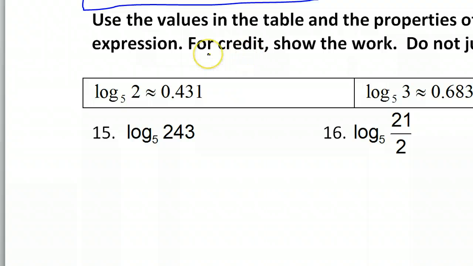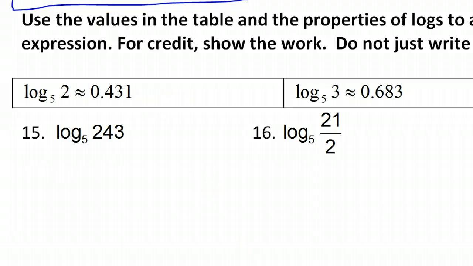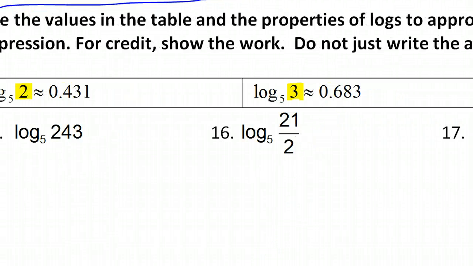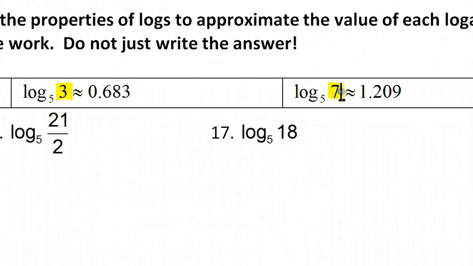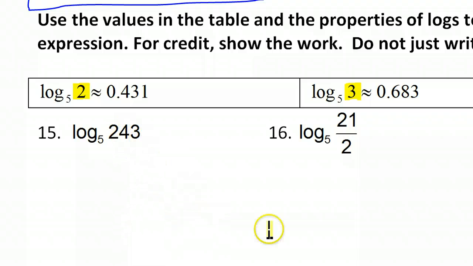Okay, number 15. Alright, so these are those ones where we're given certain facts and we need to rewrite the problem using these facts. So let's highlight. We want everything in terms of 2 and 3 and 7. So 2, 3, and 7 are great to use. So let's see, 243.